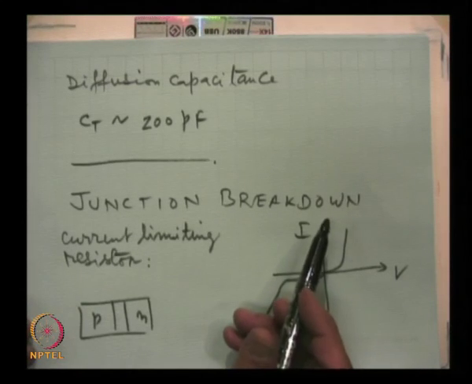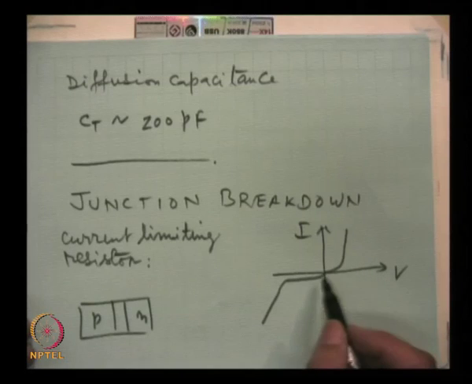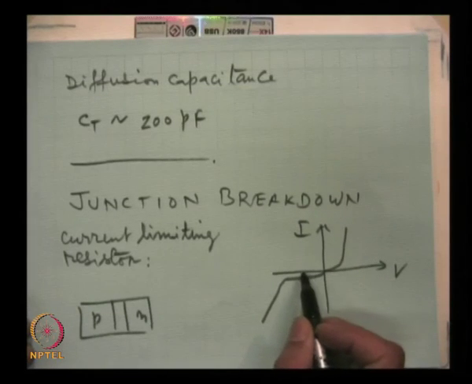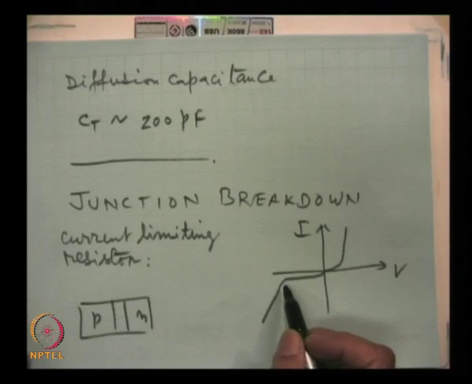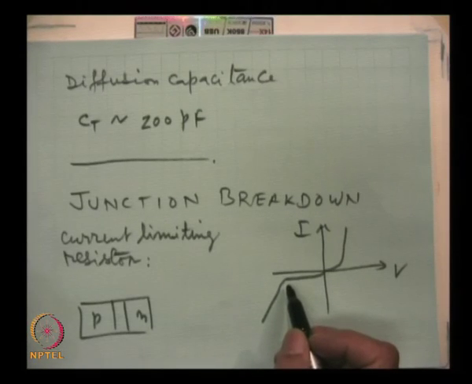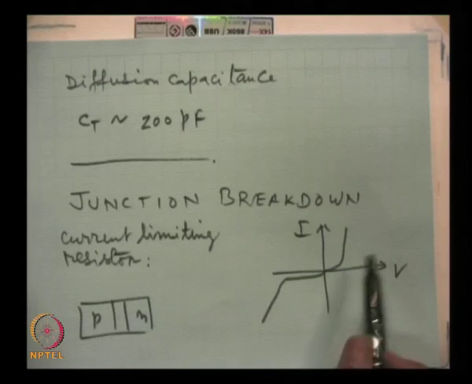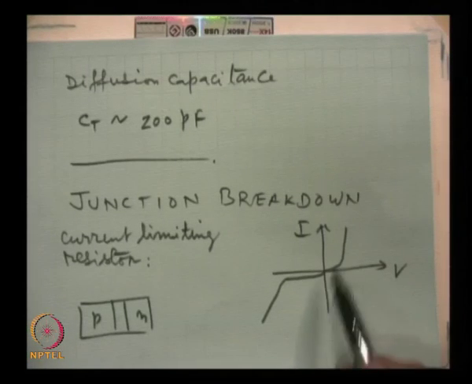breakdown. I repeat, if we go on increasing the reverse bias across the junction, then normally we will observe a very small current, very feeble current in microamperes or nanoamperes, which is 3 or 4 orders of magnitude lower than the forward current.